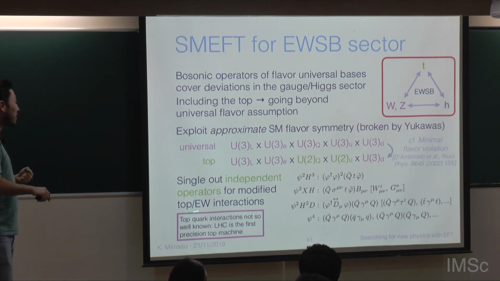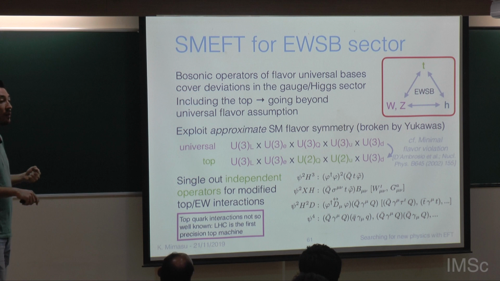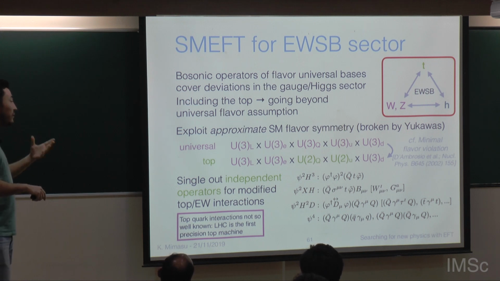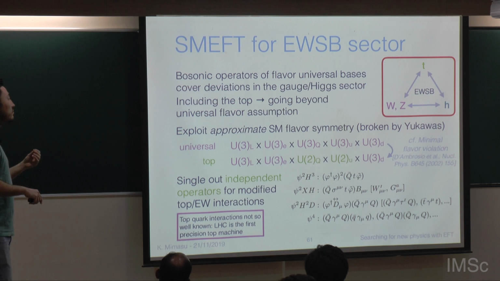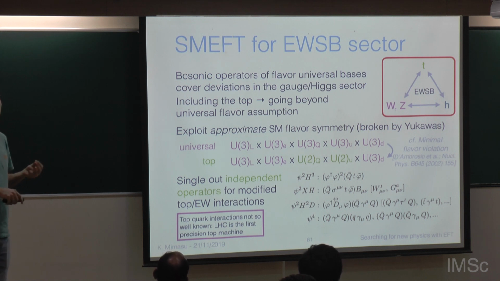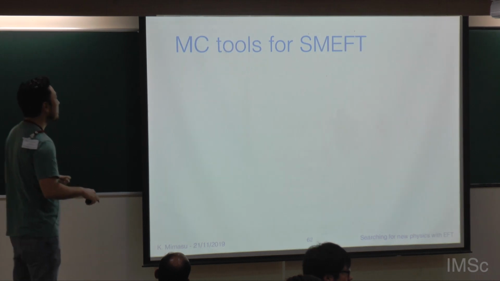And this is also important because the top quark interactions are not that well known, because the LHC is really the first precision top machine. And so I think it's a very useful thing to consider how well we're able to understand the properties of specifically the top quark using the LHC data and its interactions with the various different sectors.